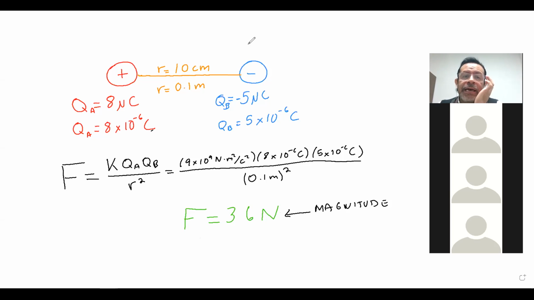So let's say that I'm located here in this charge. I want to put an arrow here that indicates to which direction that charge would be moving, or is being exerted, this 36 Newton force.